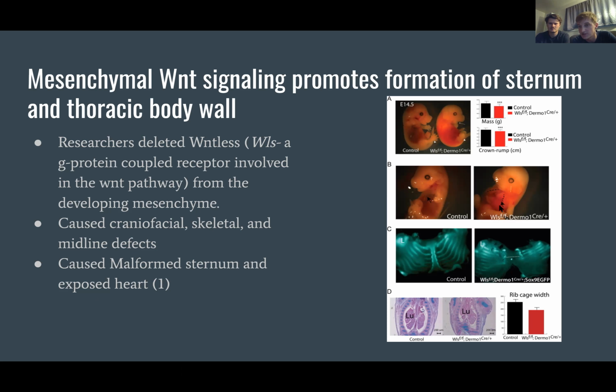Here in these figures, you can see we have a normally developed rib cage and sternum in the embryo, whereas here, this is the knockout. We see the ribs are much smaller, and the sternum is completely absent. It didn't even fuse. So obviously Wnt is heavily involved in this pathway. We see less rib cage growth, so very heavily involved.